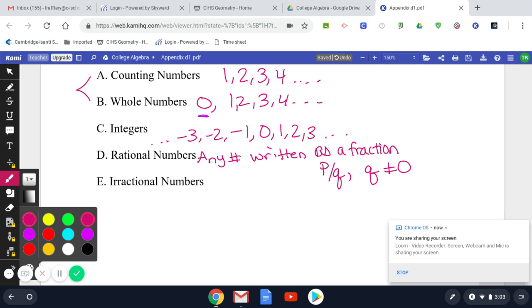And then finally, irrational numbers are real numbers that are not rational. An example would be the square root of 2 or the square root of 24. Those are examples of irrational numbers.